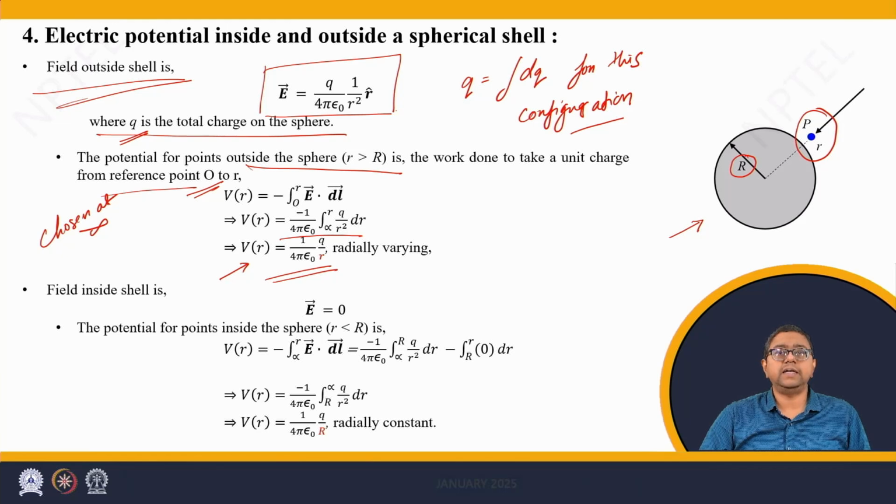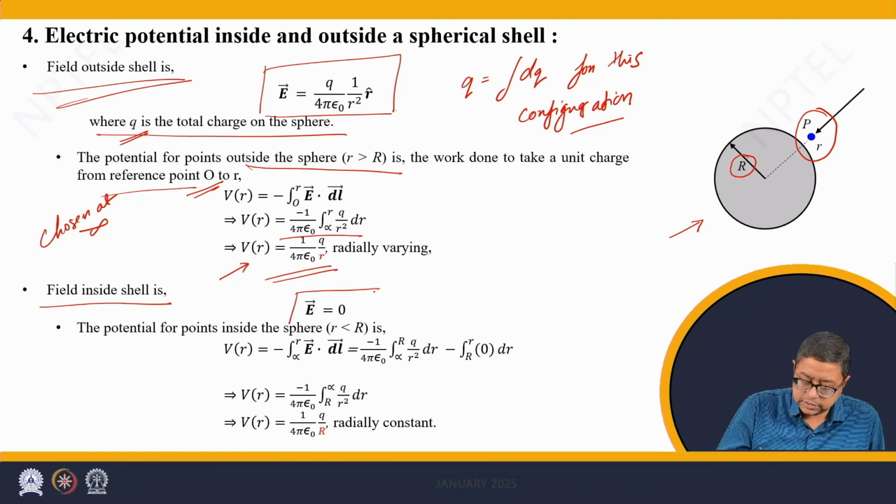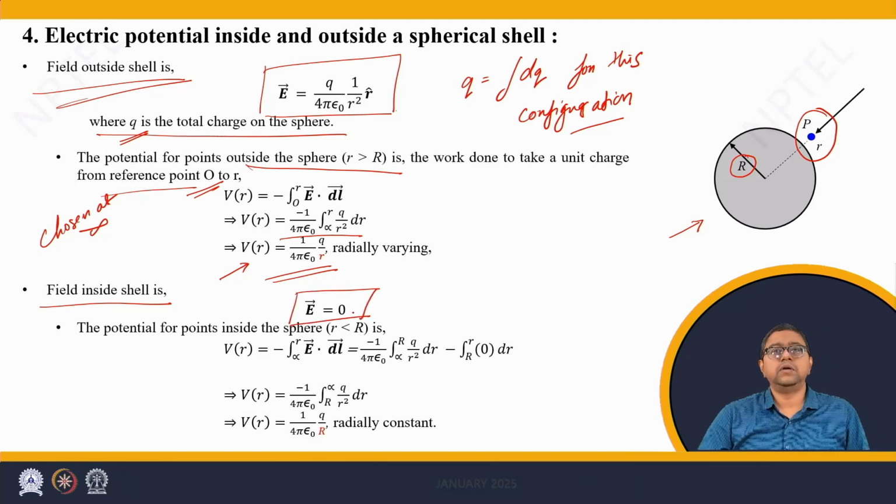The field inside the shell is now considered. Since inside the shell the field is equal to 0, we can derive the potential for points inside the sphere as VR equals minus infinity to R E dot dl.